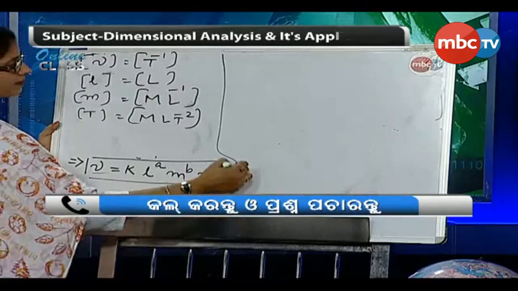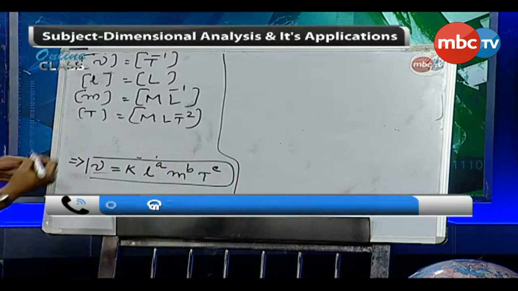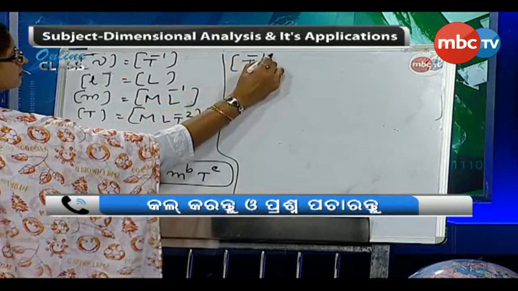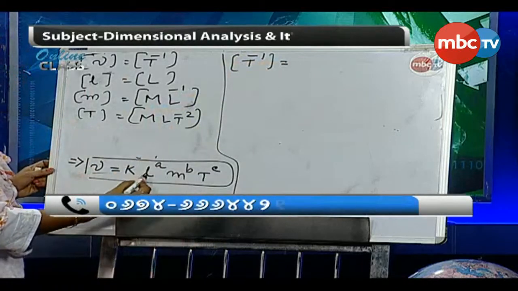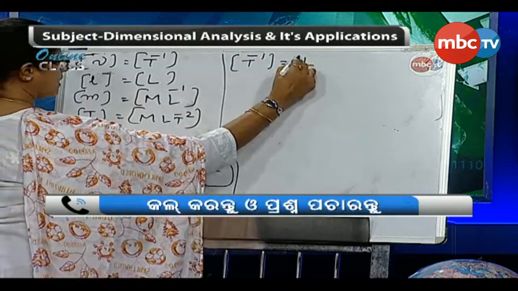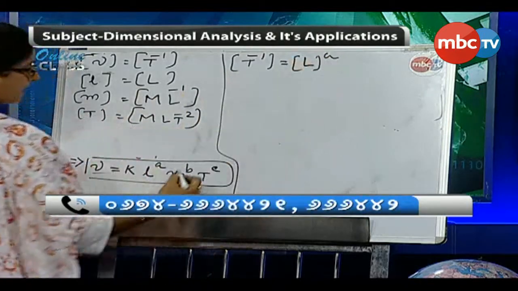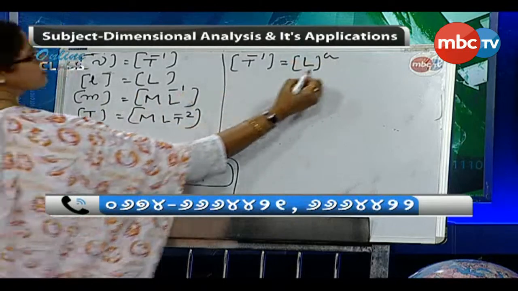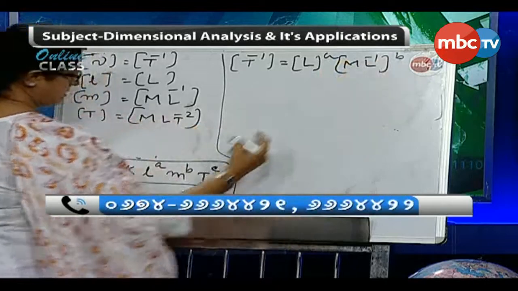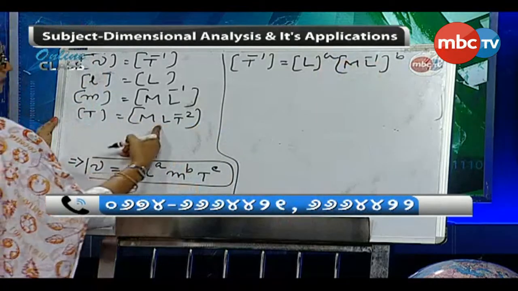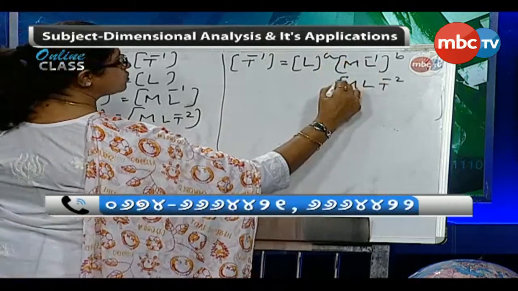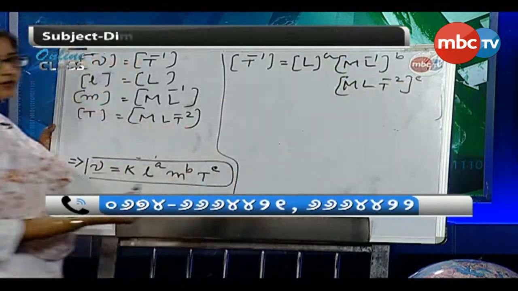Now just equate it. T^-1 is equal to, the dimension of K is 1, so L^A, then M L^-1 raised to B, then M L T^-2 raised to C. Clear?